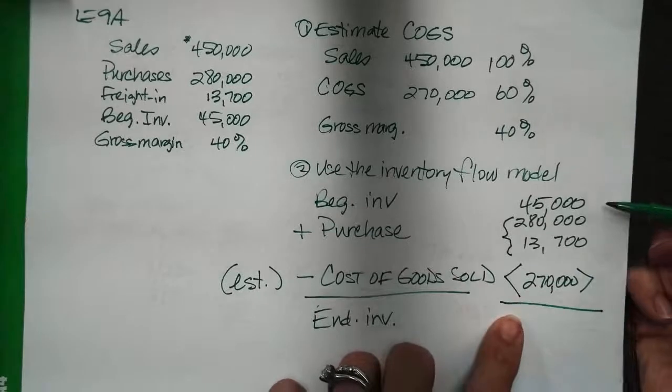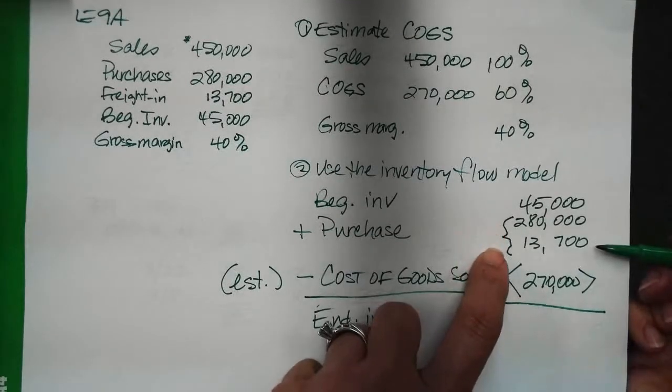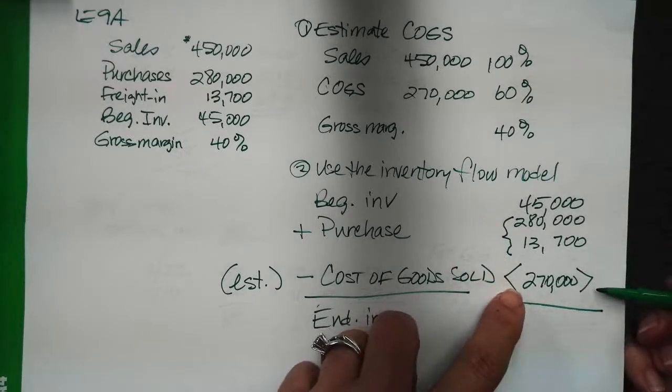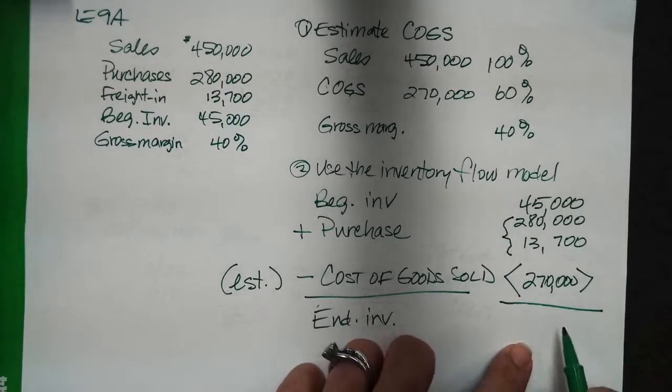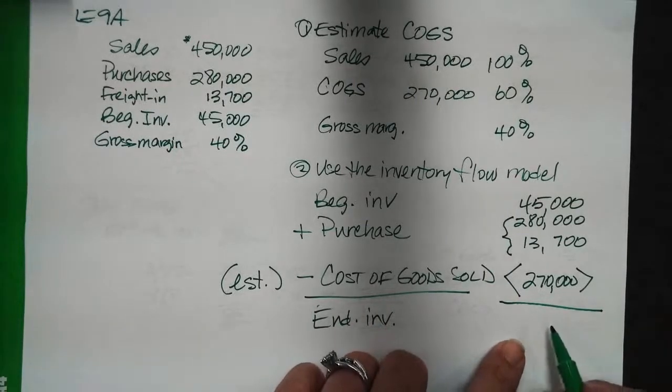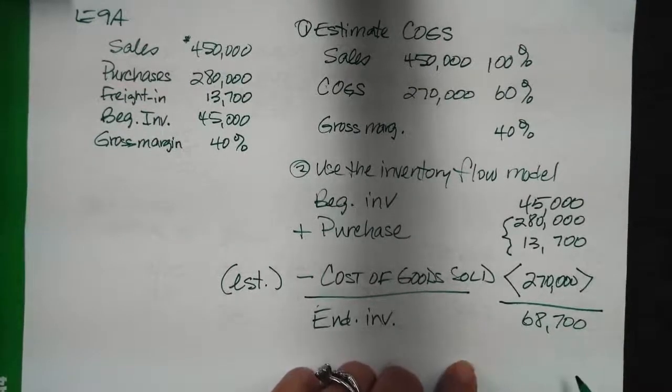So if I take 45,000, I add the purchases I know I made, I add the freight in, okay? I subtract my estimated cost of goods sold, I'm going to end up with an estimated ending inventory of 68,700. Okay?